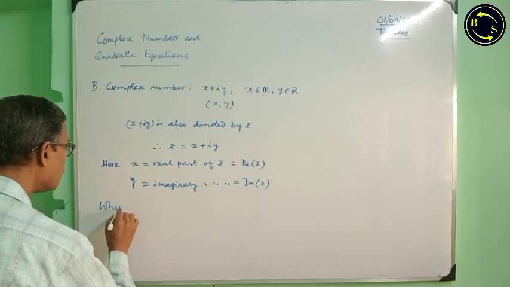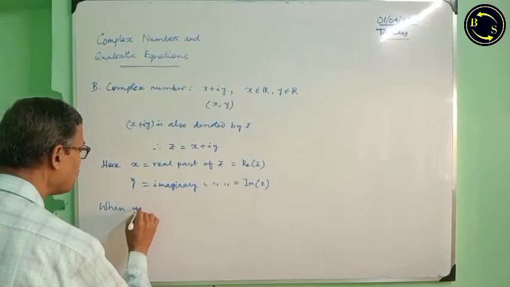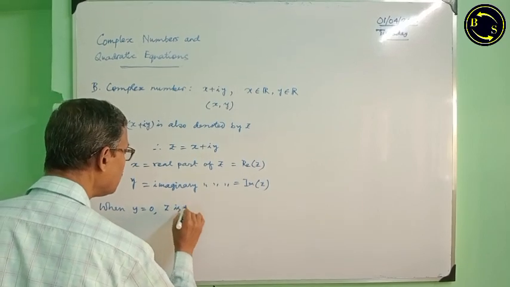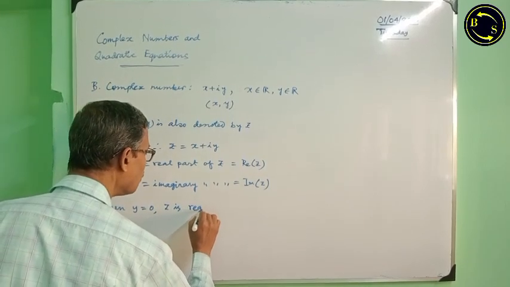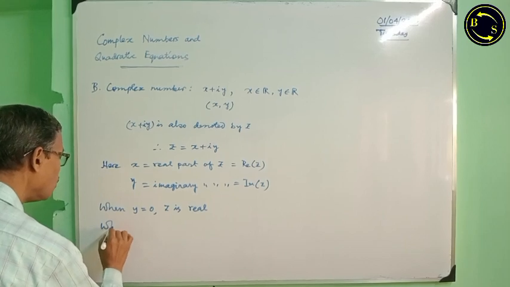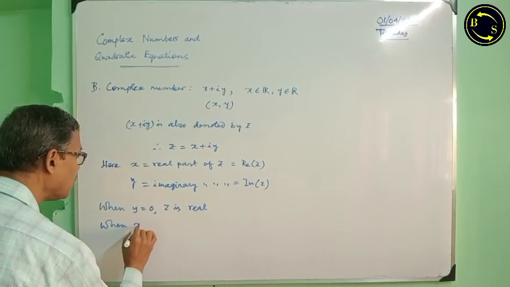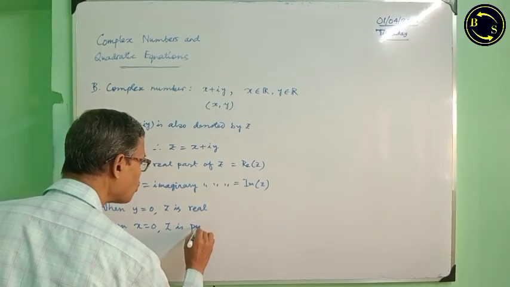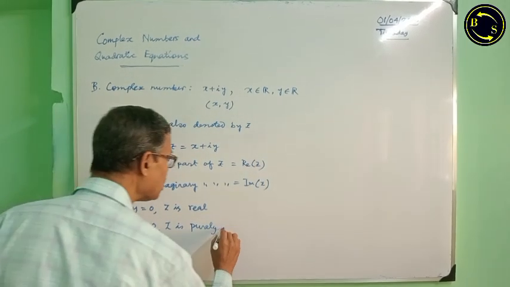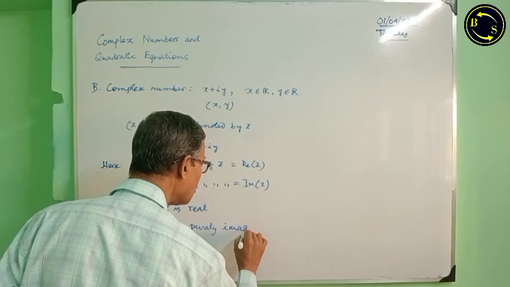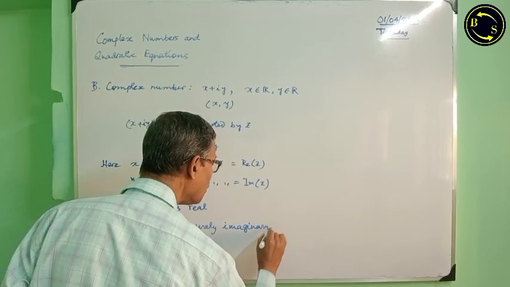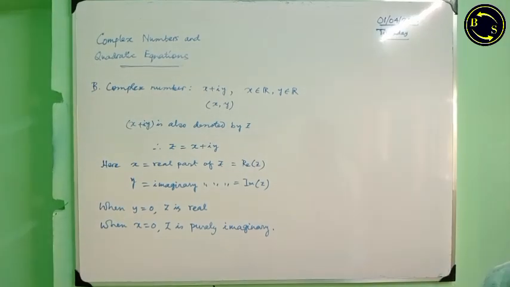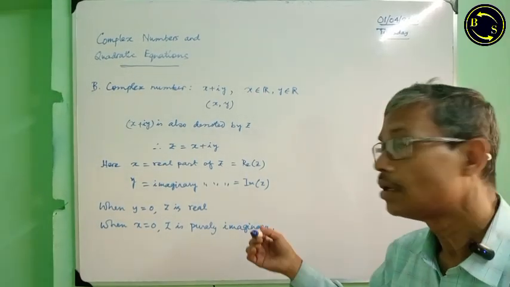When y equal to 0, z is real. When x equal to 0, z is purely imaginary. Otherwise, we name it a complex number.